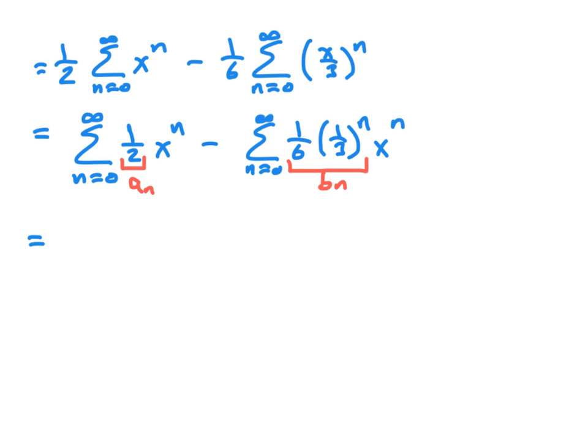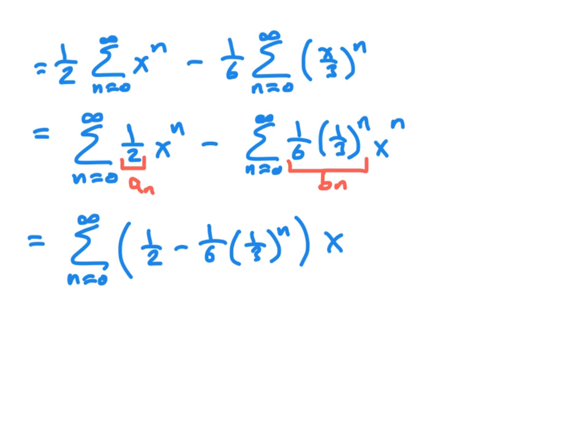And so when we combine this into a single series, we can simply subtract our coefficients in the appropriate manner. In this case, that would be 1/2 minus 1/6 times 1/3 to the n, all multiplied by x to the n. And so this coefficient here in parentheses is an minus bn, where an and bn are the coefficients of the two series that we are subtracting.